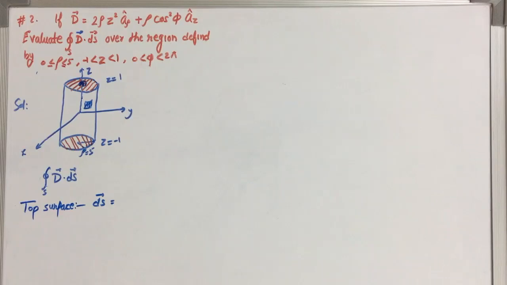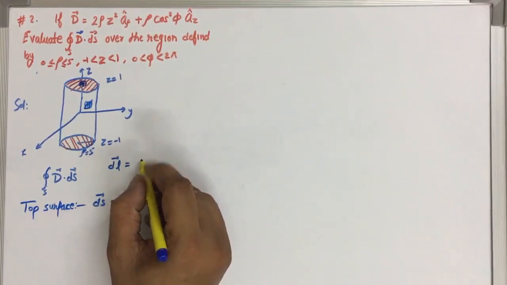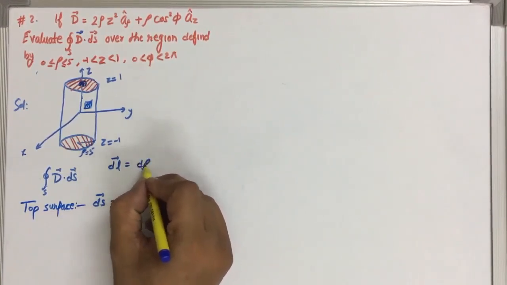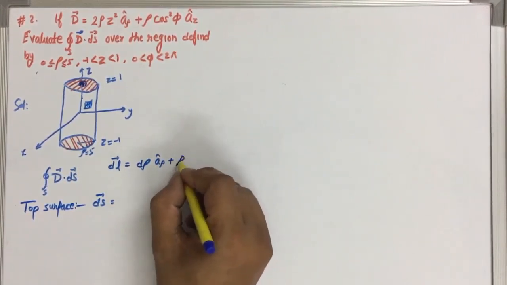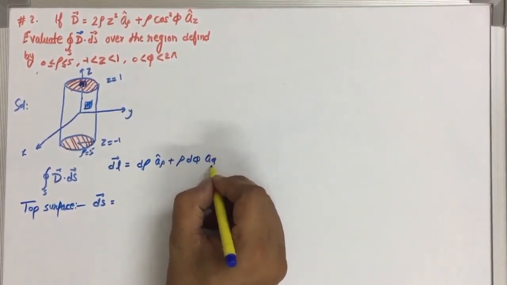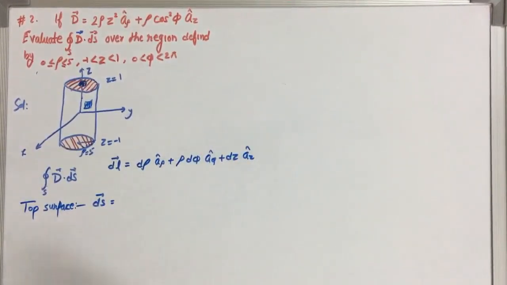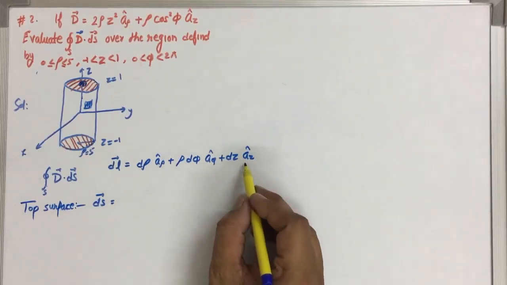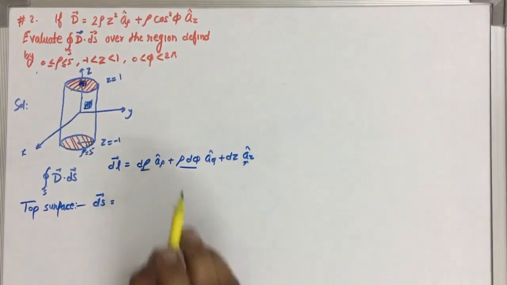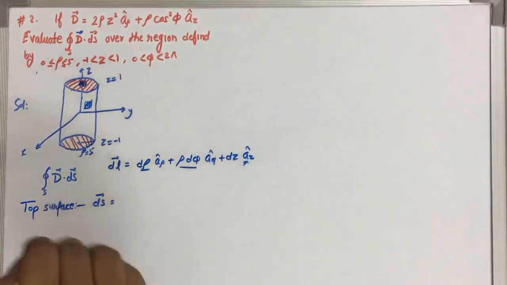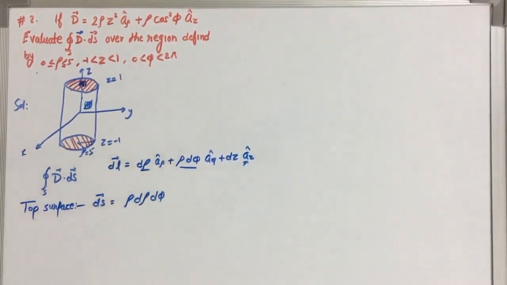If we write the differential length in the cylindrical coordinate system, it is d rho A rho plus rho d phi A phi plus dz Az. From here we can say, if we have to find ds in the direction of Az, then we have to multiply this with this. We have discussed this already. So we have to do rho d phi.